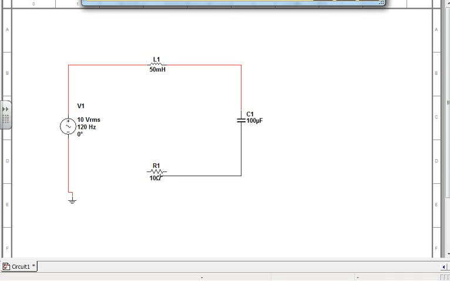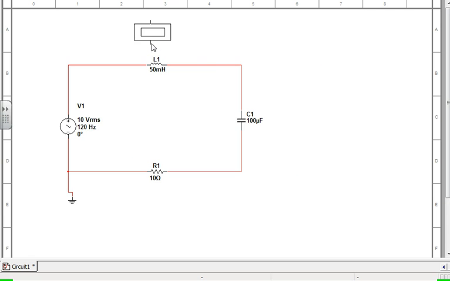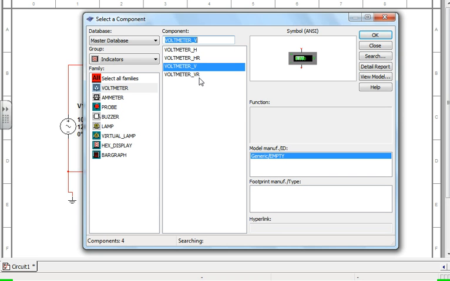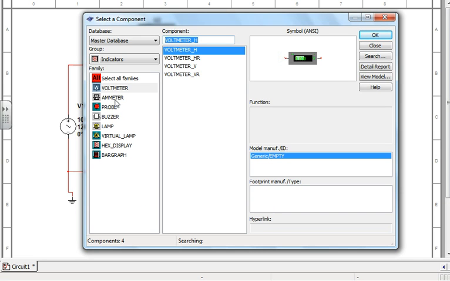Now, do I need to put voltmeters on everything for you to believe? Probably, right? So I'm going to get some voltmeters. There's a voltmeter. That's not the one I want. I want a horizontal voltmeter. Put one there, put one over here, and we'll throw in an ammeter.